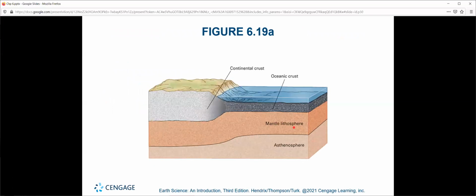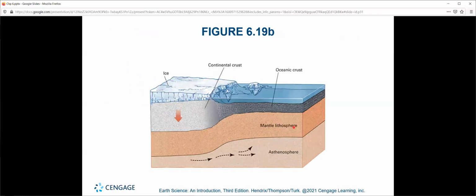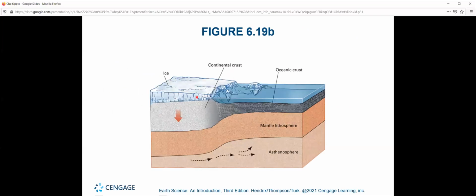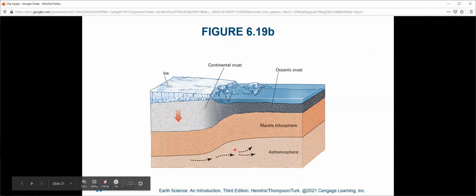The continental crust is being pushed down by the weight of what's on top of it. Cities will do this too, to a certain extent. You have this dropping of the crust affecting the mantle and the asthenosphere below it.